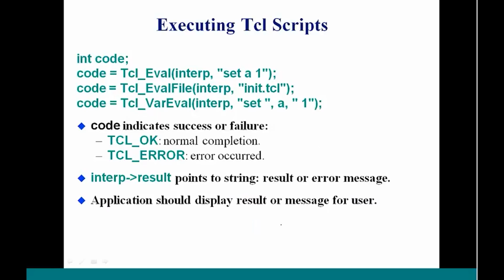And if you want to execute Tcl scripts, we define an integer code, and then code equals Tcl_Eval interp, set a 1. Now it evaluates this and sets the result as the code. The code typically indicates success or failure: either TCL_OK, normal completion, or TCL_ERROR, an error occurred.